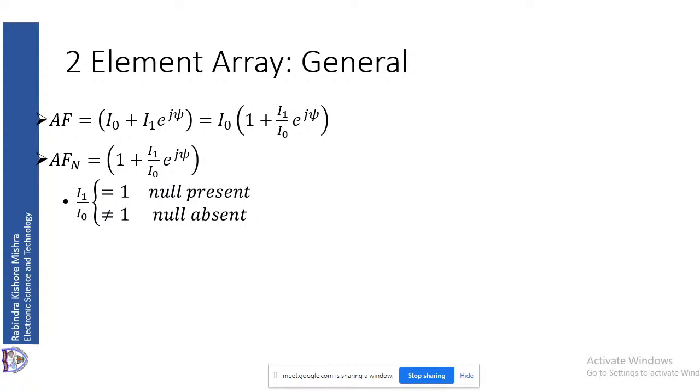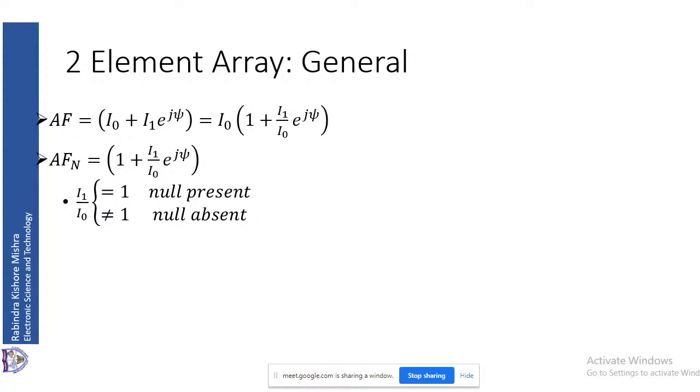The electric field due to the first element and the electric field due to the second element are going to be added or subtracted. When we subtract them, if their amplitudes are different, there will be a net value which is not equal to 0. But if their amplitudes are the same, two vectors of the same amplitude in opposite directions will cancel out and give you 0. Then only you will get a null.